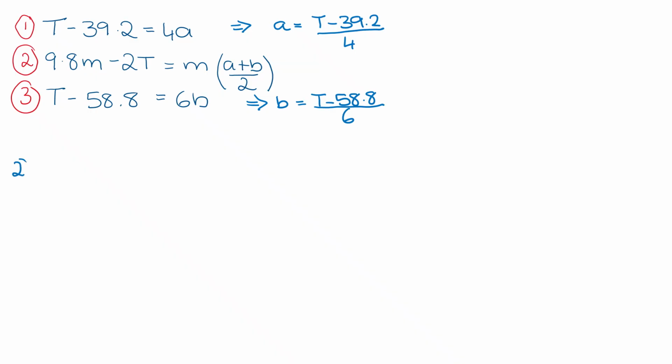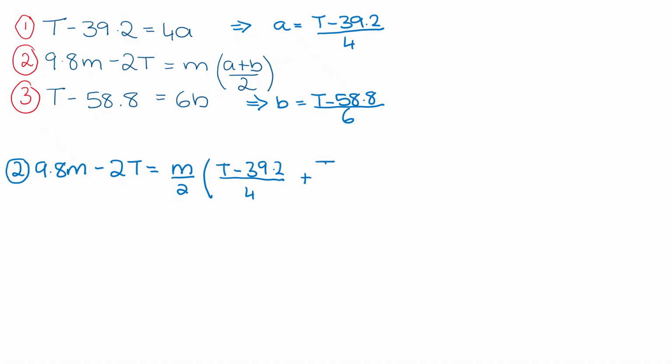So then for equation 2, we get 9.8m minus 2T is equal to m over 2. I'm pulling that 2 out, that way I have an (a plus b) that's a little bit easier to look at. So they're already fractions. Plus b, 58.8 all over 6.